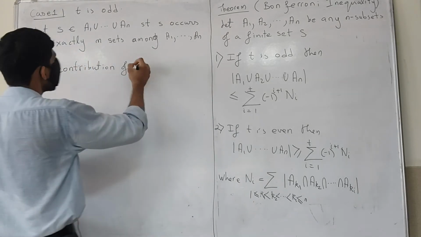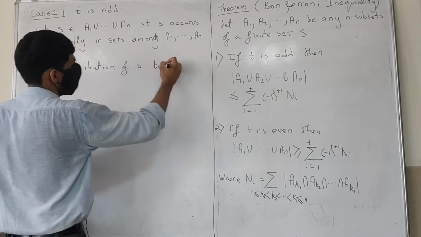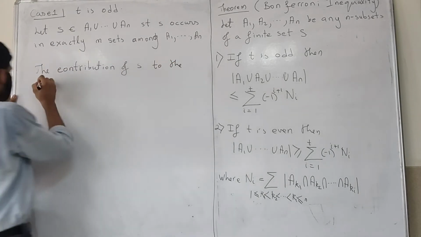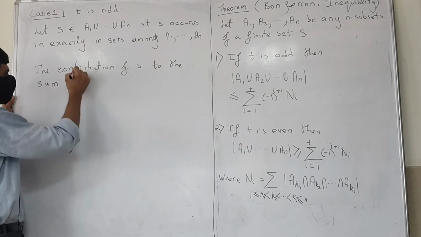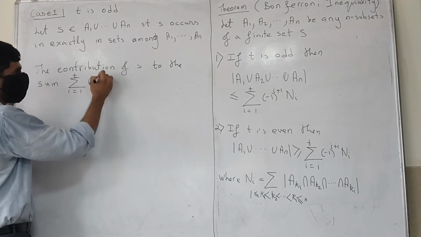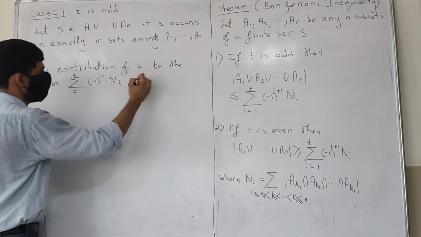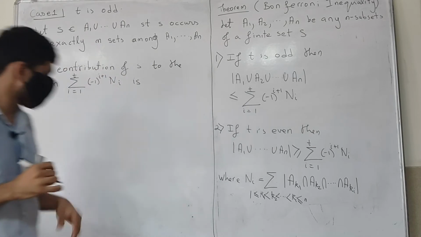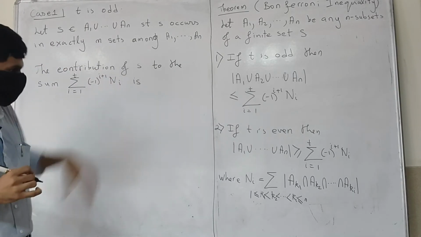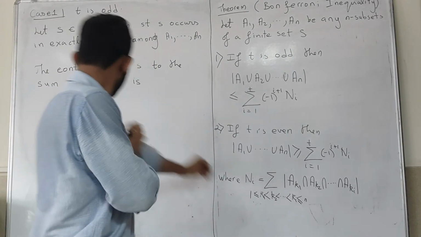So the contribution of S to the summation i equals 1 to t of minus 1 raised to i plus 1 times Ni is what? What will this Ni be? That's what we have to check.